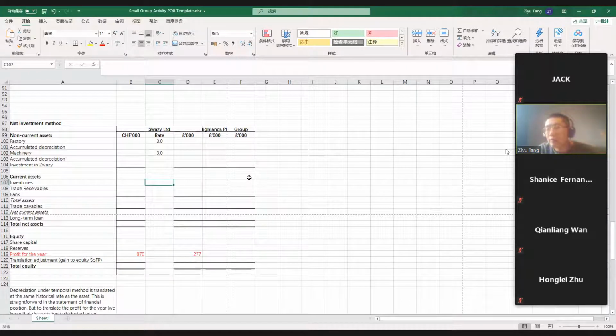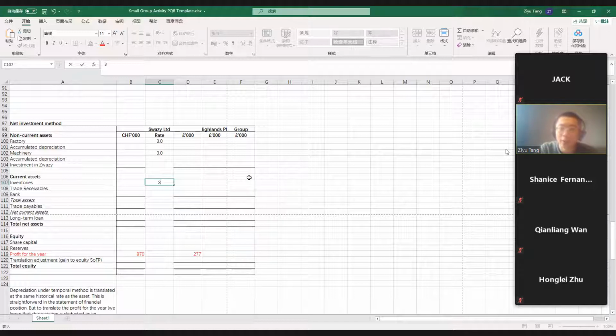Inventory, although the inventory is bought at many different dates, all the inventory we translate at closing rate.